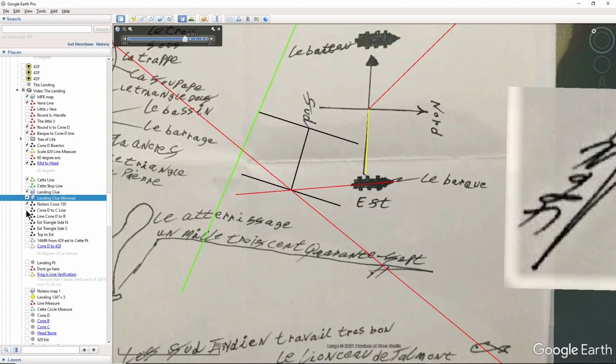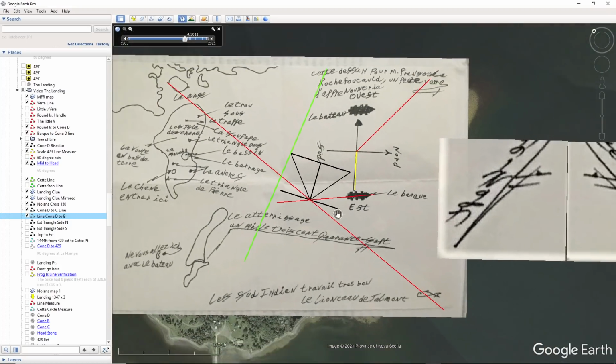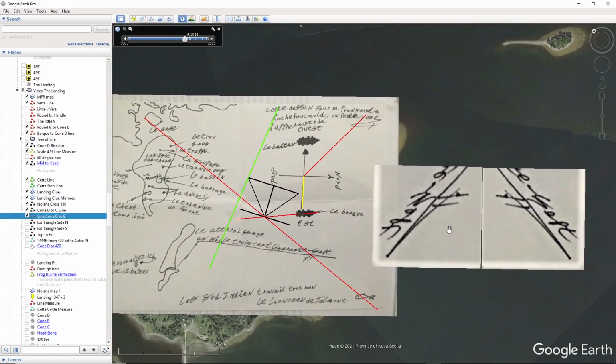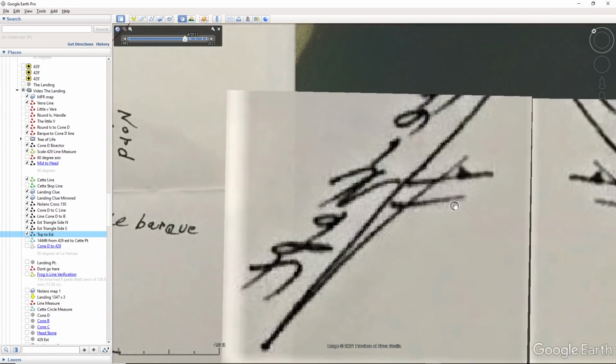And if we take a line from this point to here and mirror it across, we get this triangular form here. Now, if we mirror that again upwards, now we get a triangle that is on top of this parallel line.